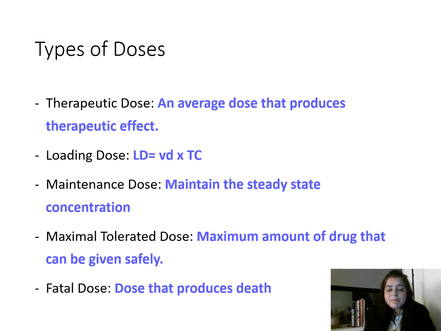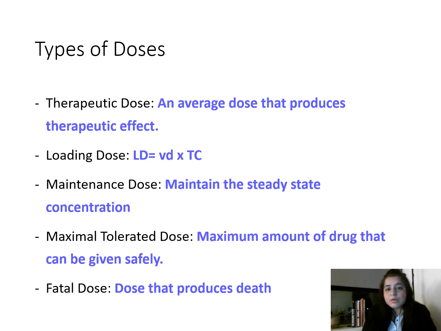The other term is the maintenance dose. The maintenance dose is that amount of a drug that maintains a steady state concentration of the drug in our body. The maximal tolerated dose is the maximum amount of a drug that can be tolerated by a living being.